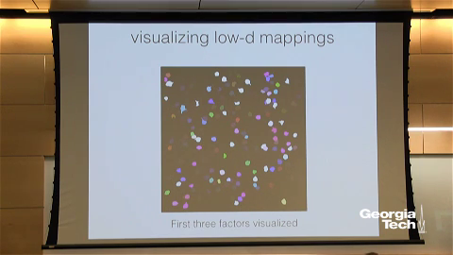For each of these neurons, I'm color coding them according to the coordinates of this projection, or the coordinates of this mapping. To interpret this, neurons that have similar color are ones whose neural activities are combined in a similar way to produce this lower dimensional embedding.